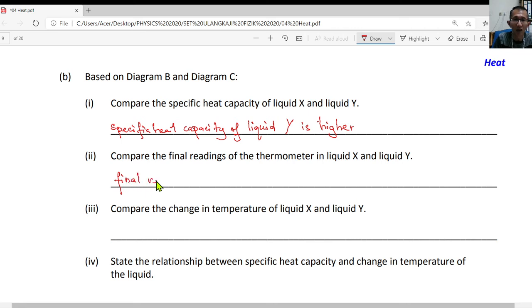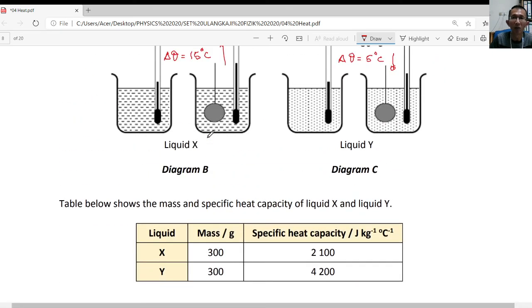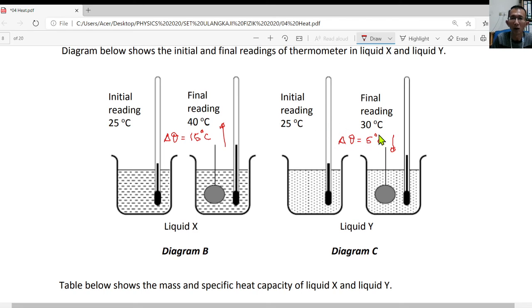So the final readings of the thermometer in liquid Y. Final temperature: liquid Y is 30, liquid X is 40.